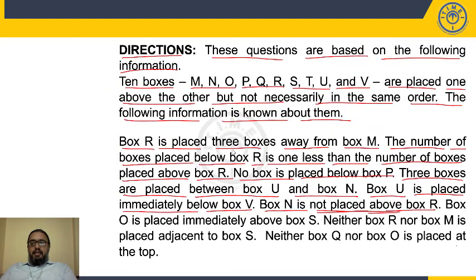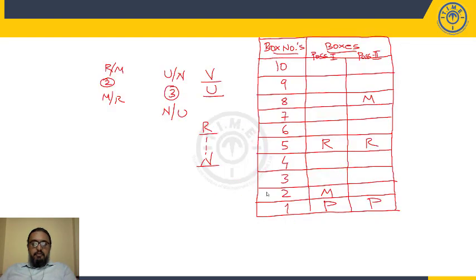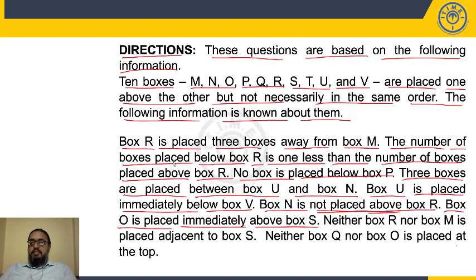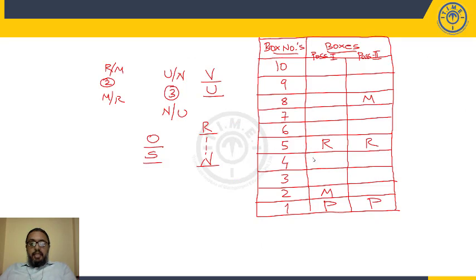Then box O is placed immediately above box S. And neither box R nor box M is placed adjacent to S. So neither R nor M is adjacent to S, he says.